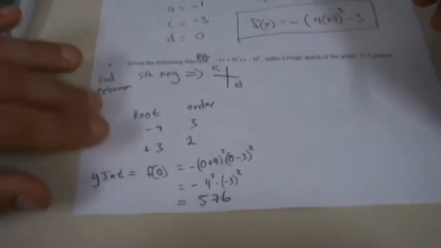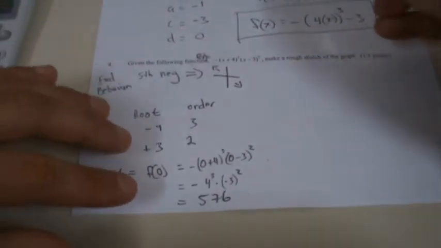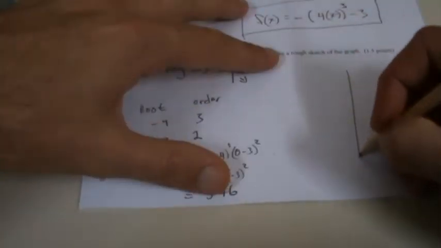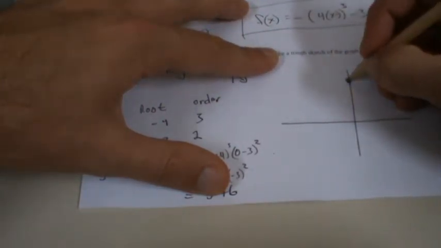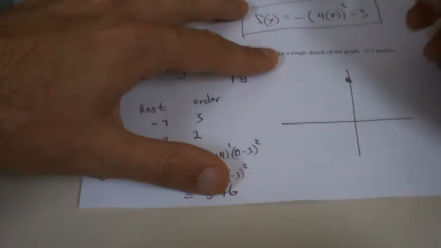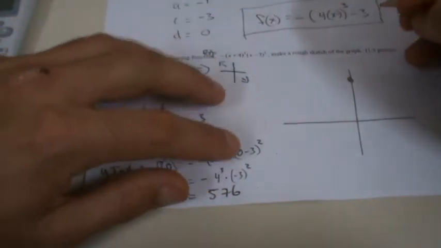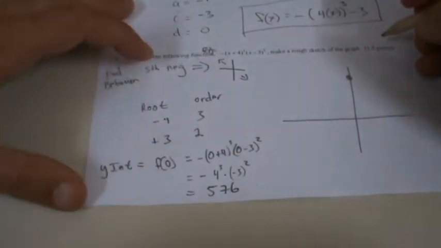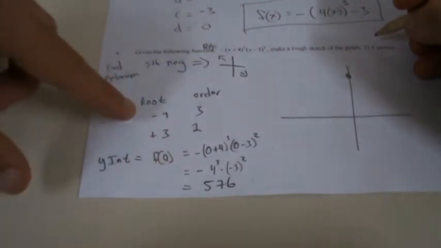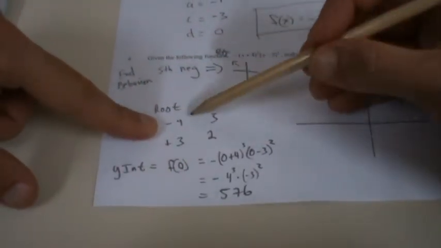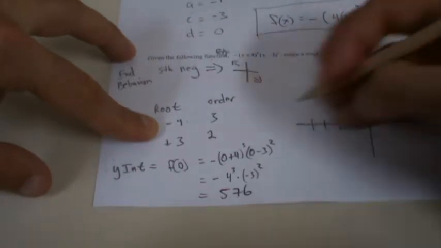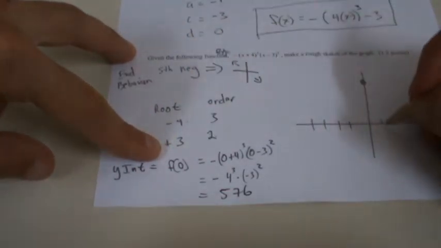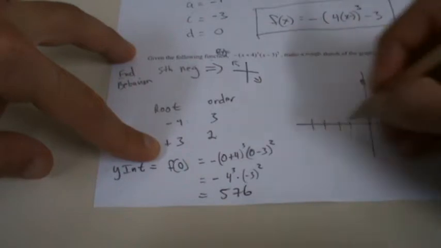Alright, so there's my y-intercept. And so, y-intercept is 576, unfortunately. Big one. I've got a root at negative 4, and a root at 3.